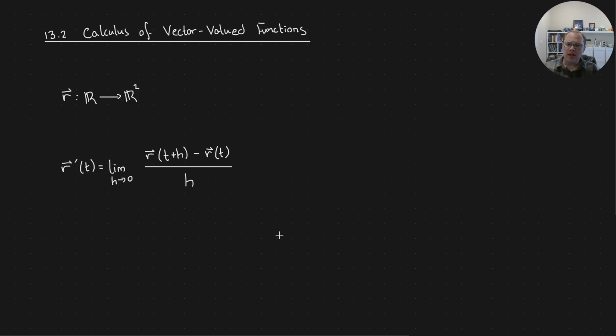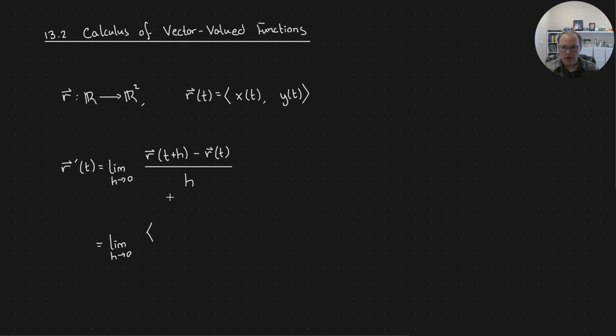What does it look like, though, when I plug in the components for my vector-valued function? Here we're going to assume r of t has two components, where the first component is x of t, and the second component is y of t. For r of t plus h, I just swap out all my t's with t plus h.